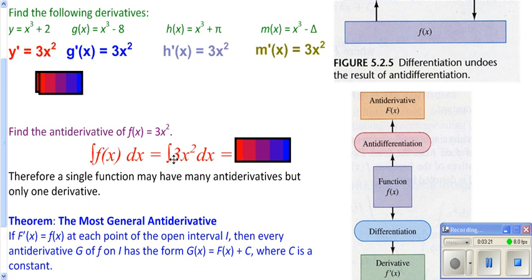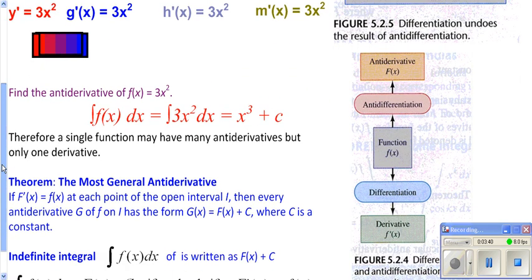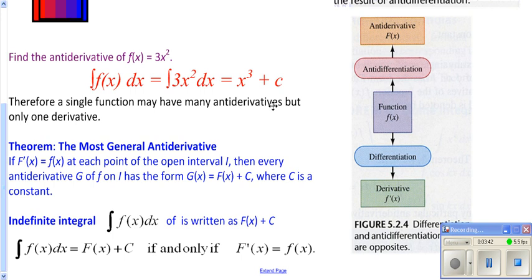Well, 3x squared is the derivative of an x cubed. But as you'll notice up here, we had different x cubed functions that all gave you the same derivative. So really, it's an x cubed plus some constant that we don't know, which we call c. C is referred to as your constant of integration, since there are multiple functions that give you this derivative.